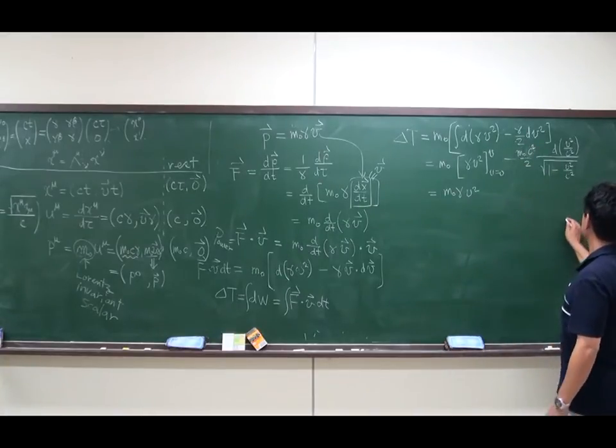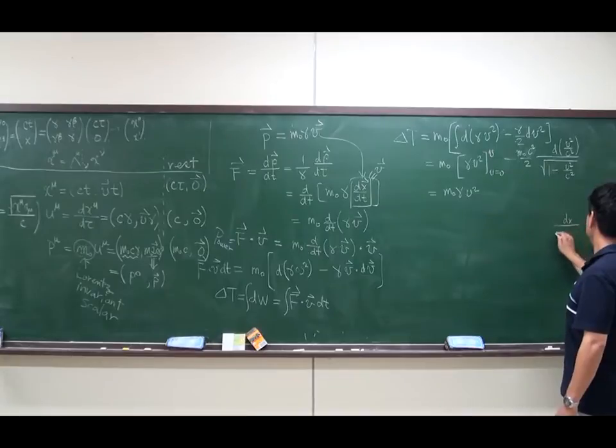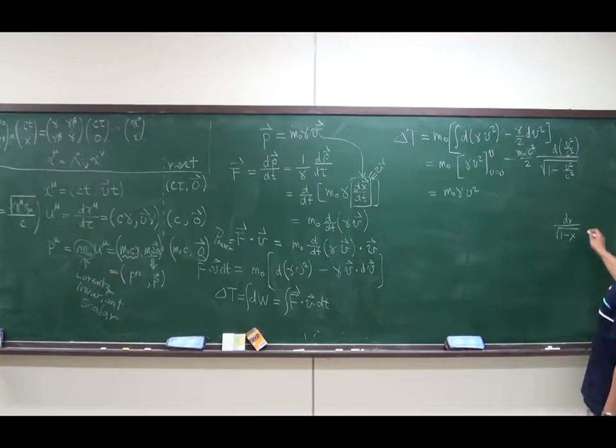And this is dx over square root of 1 minus x. And this is minus d of 1 minus x over square root of 1 minus x, which is minus square root y dy, right?